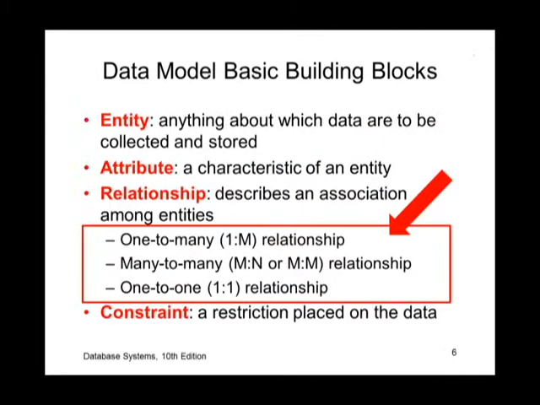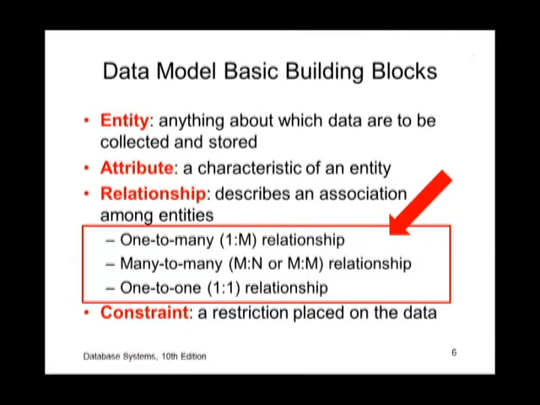These should look familiar: entities, attributes, relationships, and constraints, all of which we talked about in Oracle. However, you'll notice now under relationships, we've added 3 more things to consider.